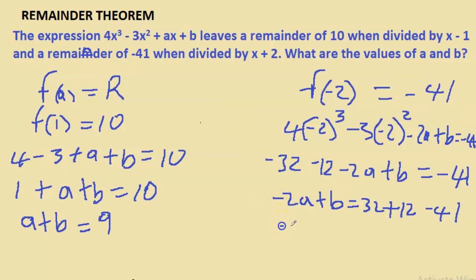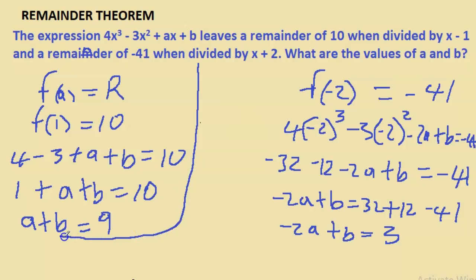So what we end up with is minus 2a plus b. 32 and 12, that's what now? 44. Yes, so 32 and 12, that's 44 minus 41, that's positive 3. Good? So we have a pure simultaneous equation here.